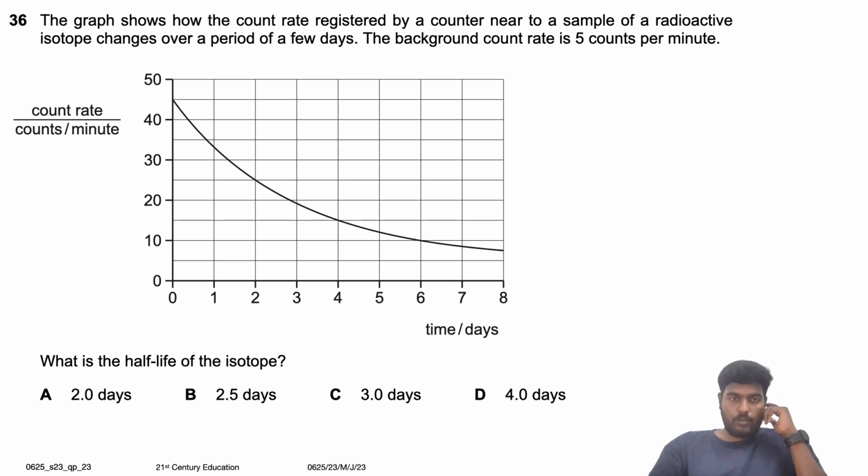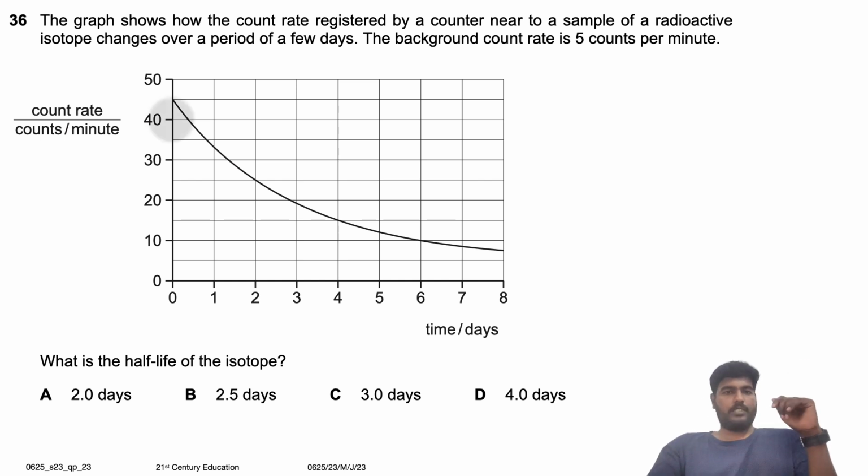The graph shows how the count rate registered by a counter near a sample of a radioactive isotope changes over a period of a few days. The background count rate is 5 counts per minute. What is the half-life of the isotope? First, we plot a new curve after subtracting the background radiation.